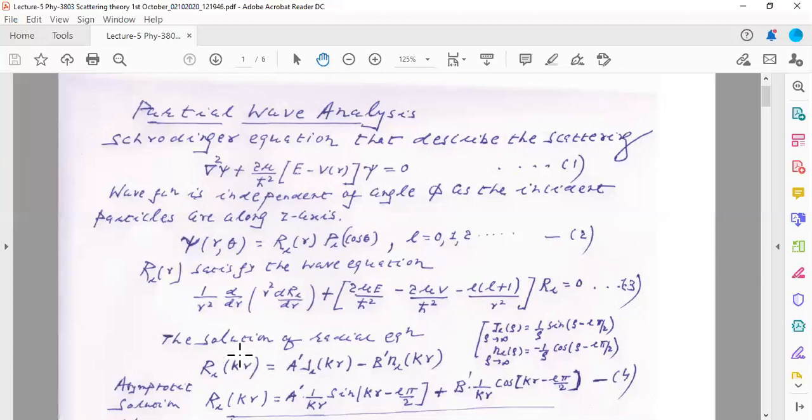So RL of kr is given by A dash JL of kr minus B dash NL of kr, where A dash and B dash are constants which are calculated when the potential V of r is equal to 0.